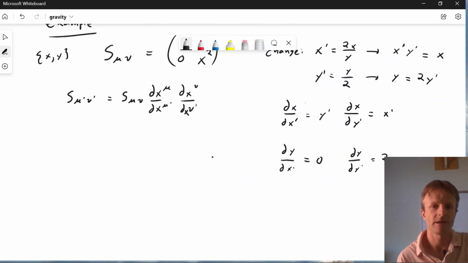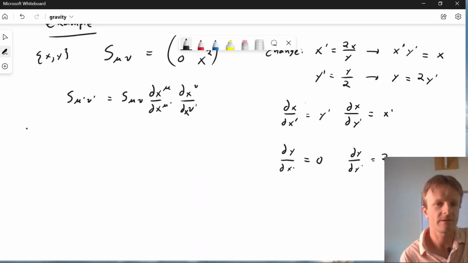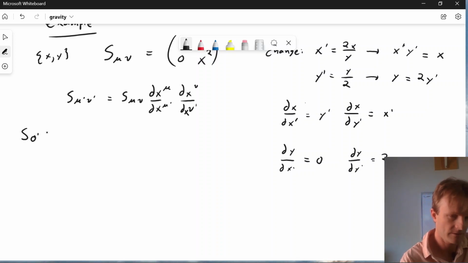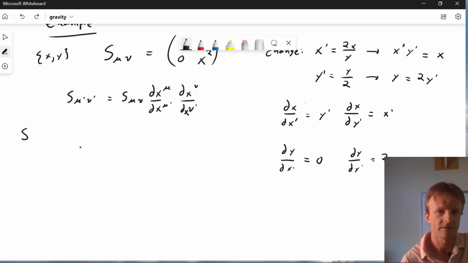Okay, and now I have to write out all these terms. So let's start with S mu prime nu prime equals S, let's call it x prime, x prime. So there's going to be a bunch of terms.